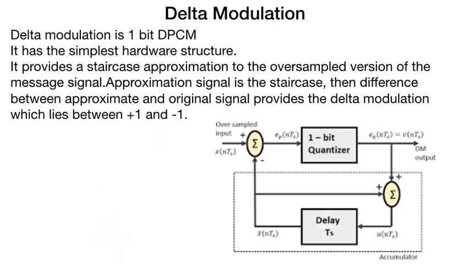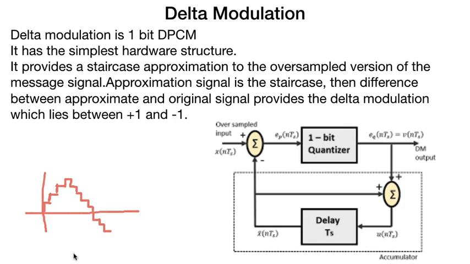So the DM signal depends on your present value and adds a step size to the already existing value. It will always have a constant del value, or only plus or minus 1 bit.